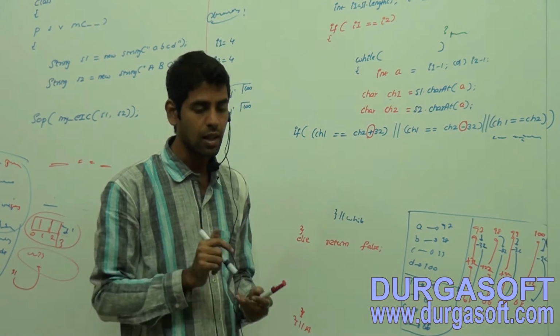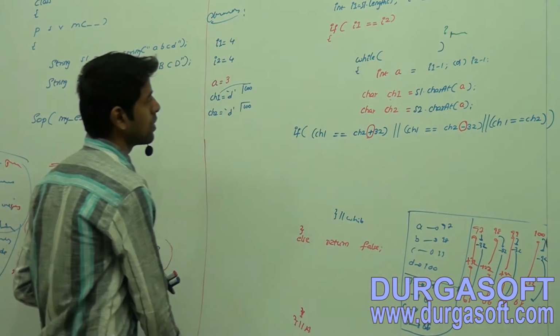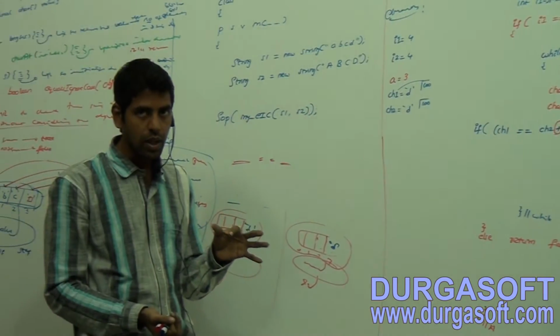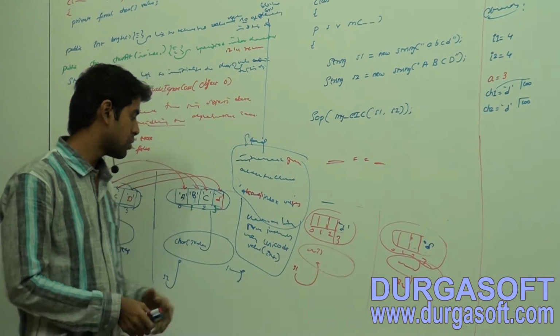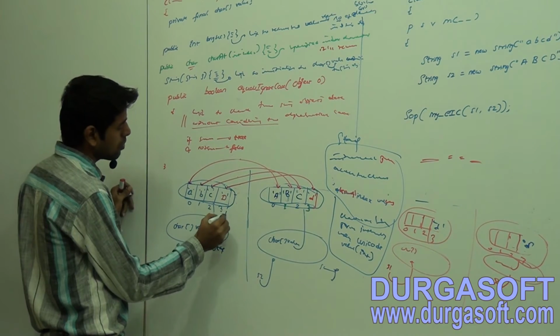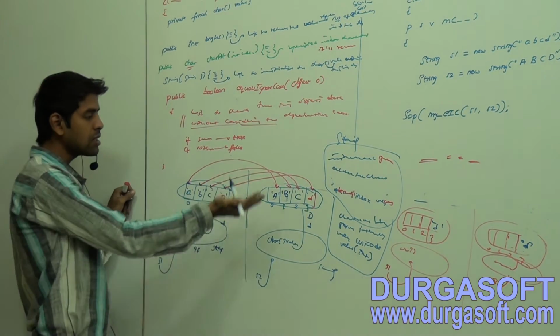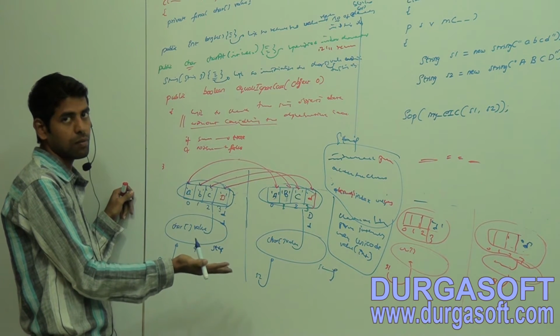If that is the situation, or if that is the case, observe here, I can take here as capital D, small d, small d, capital D, otherwise small d, small d. Observe, these three scenarios are existing.